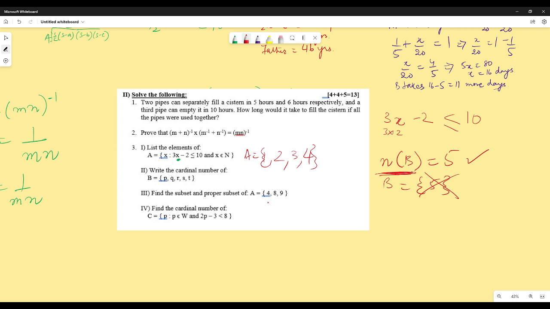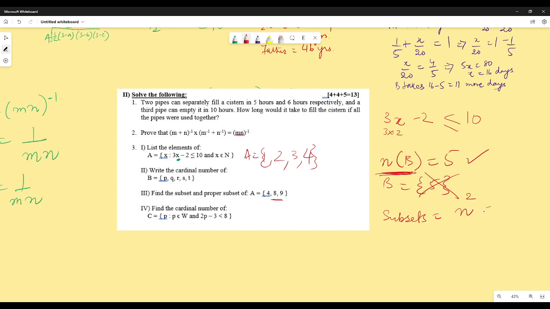Write the subsets and proper subsets of A. Remember, I am not going to repeat that. In proper subsets, there is only one set which is going to be missing, which is this set, right? So proper subsets will have one less. You remember the formula for subsets? The formula is 2 to the power of n, where n stands for the number of elements.